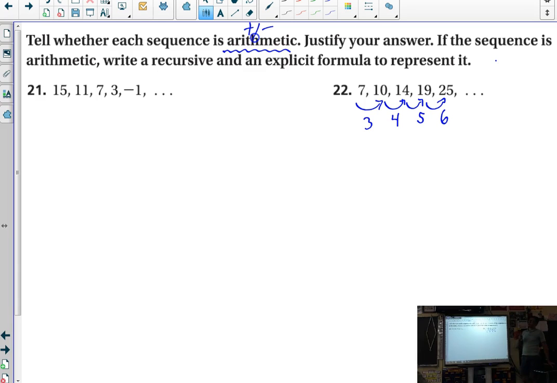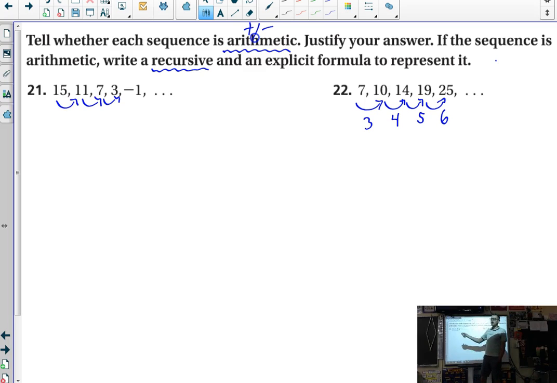So if I wanted to say, a recursive formula is actually where we start. A recursive formula reuses the previous term. So I'm going to say the number I just had plus something. Over here, I'm adding 4, adding 4, adding 4, subtracting 4.